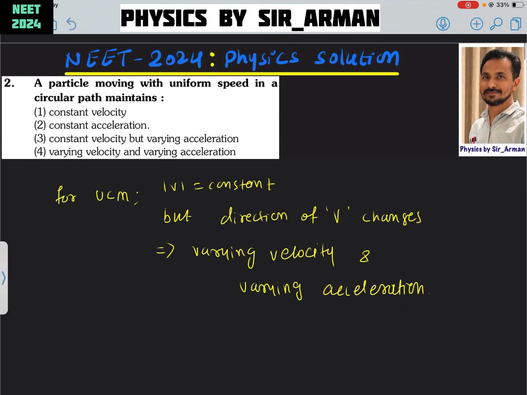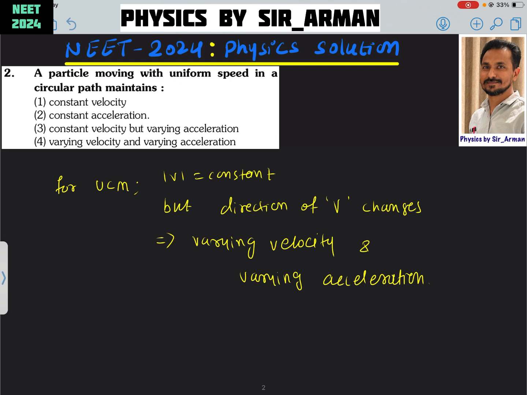Question number 2. A particle moving with uniform speed in a circular path maintains. Whenever a particle is moving in a circular path, let us assume it is moving in an anti-clockwise manner, at each point its velocity is directed along these arrows.